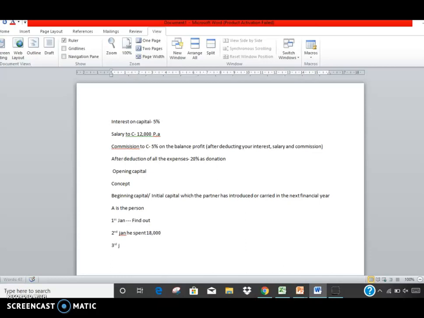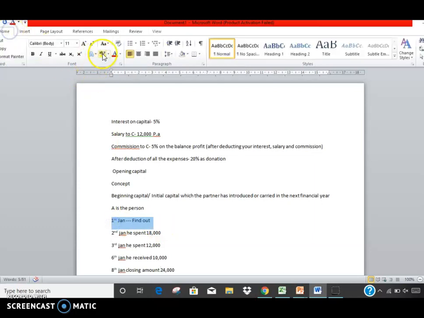On 3rd Jan, he spent 12,000. And on 6th Jan, he received, say, 10,000. And on 8th Jan, he had 24,000 with him. Closing amount. Okay, so on 8th Jan, the closing amount is this. You need to find out this thing.